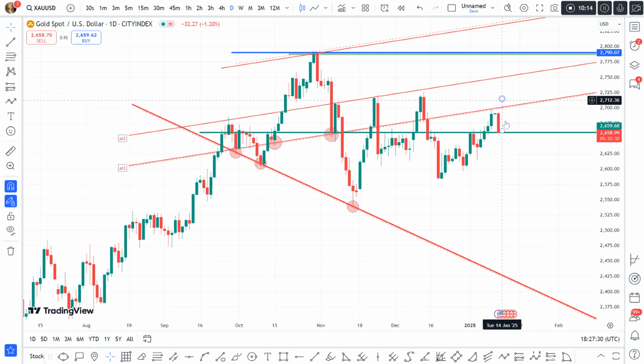Look at when price returned to this level, it gave us a strong bullish candle. That strong bullish candle picked up price from 2,659 and closed at 2,700, an incredible 600 move. Now, will price do the same?